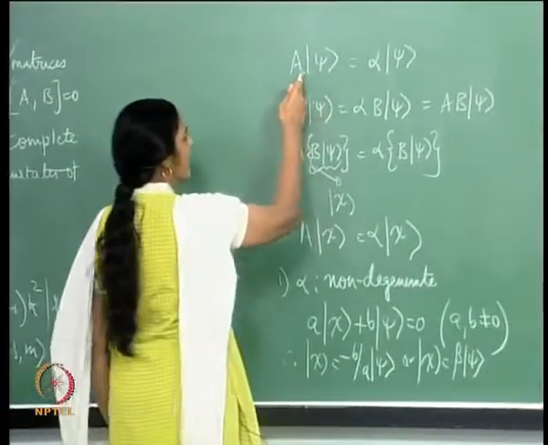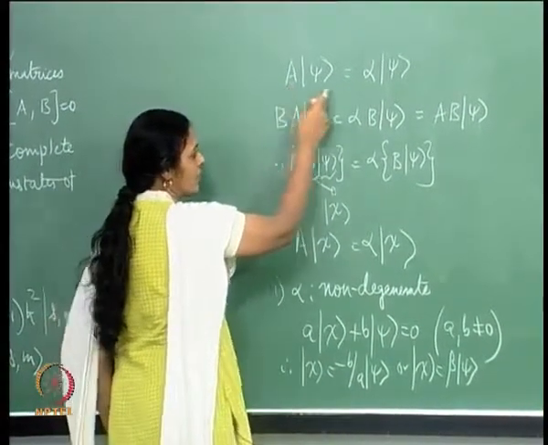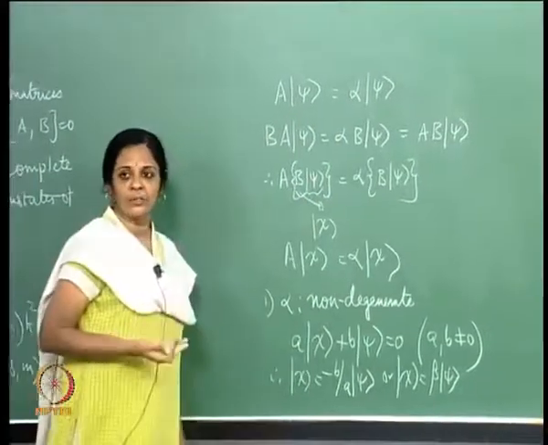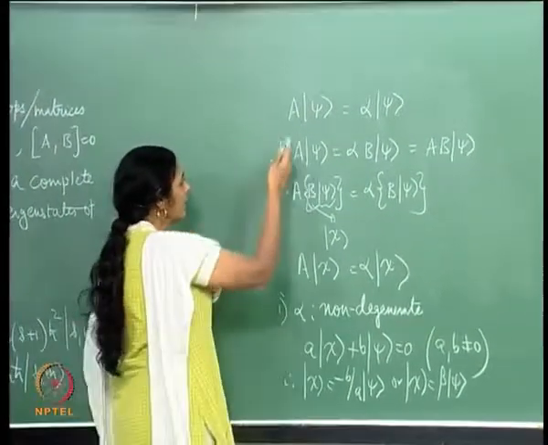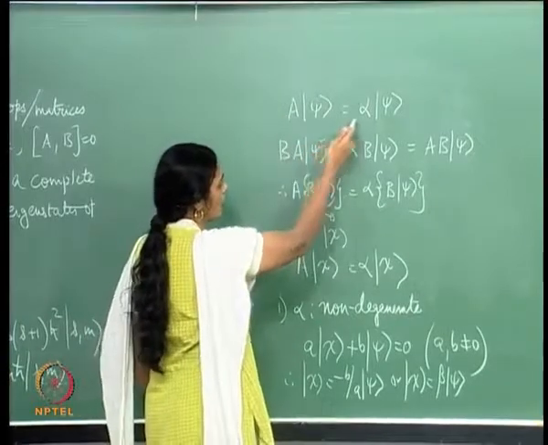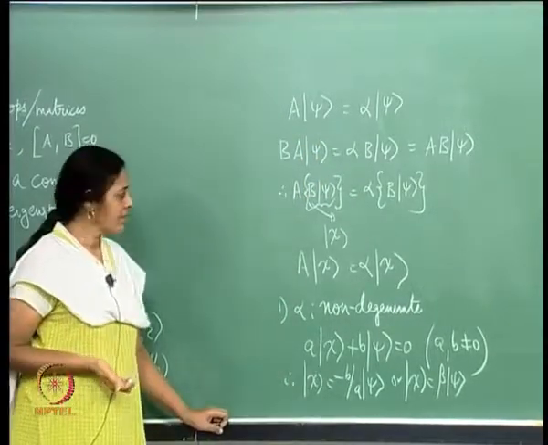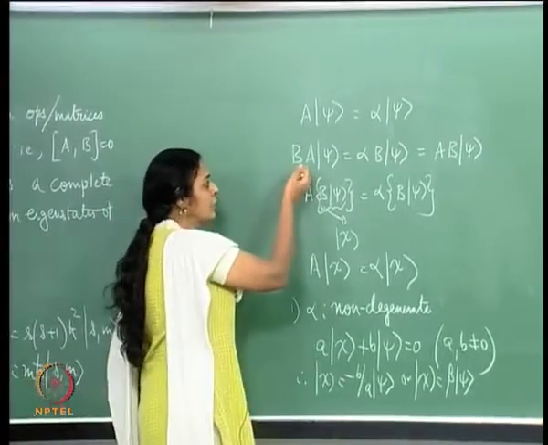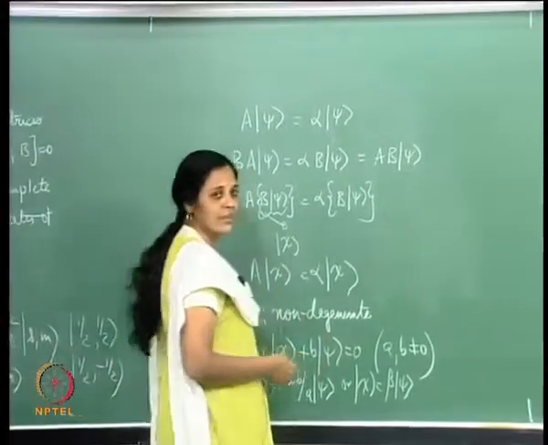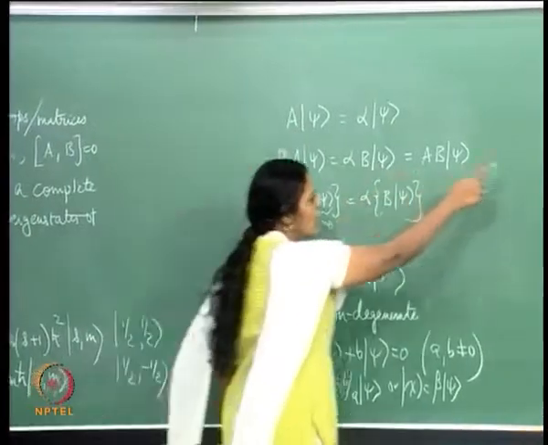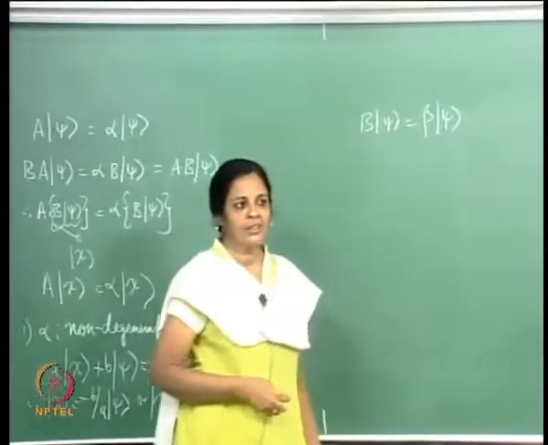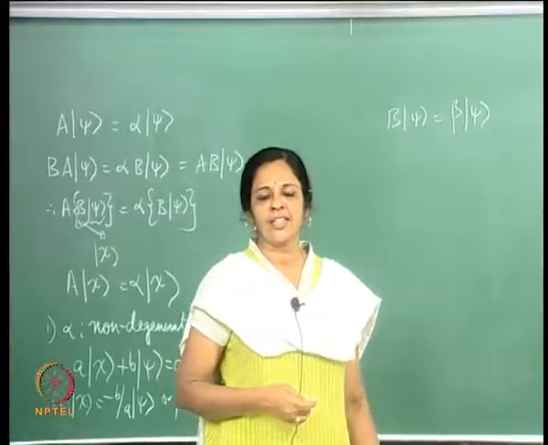If psi is an eigenvector of the Hermitian operator A, we are only concerned with Hermitian operators, with eigenvalue alpha, and alpha is non-degenerate, and if B is a Hermitian operator which commutes with A, psi is also an eigenvector of B, in general with a different eigenvalue beta.